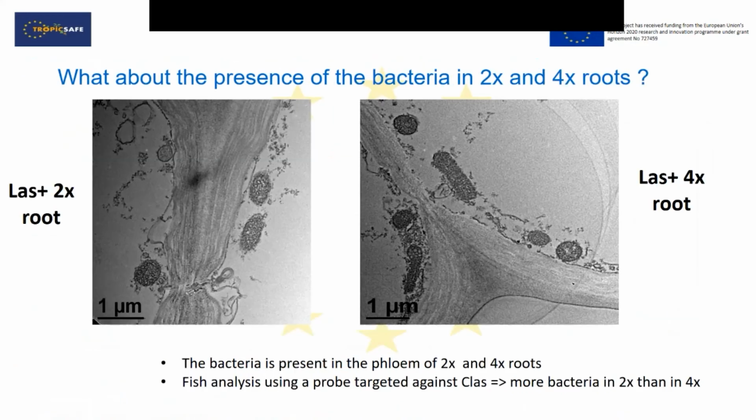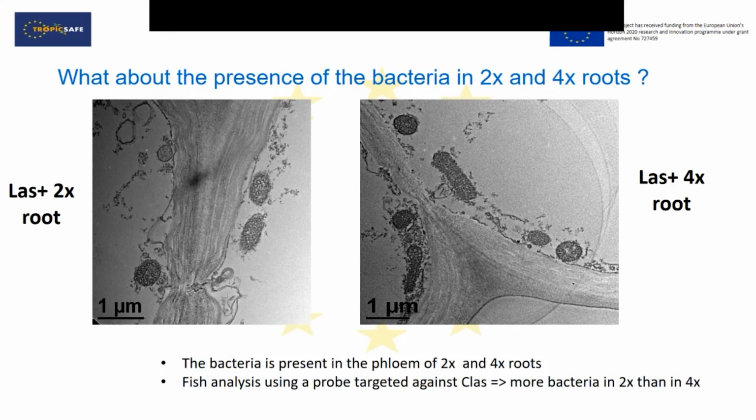So we thought, okay, tetraploids seem to be very promising for that. But what happened in the roots regarding the bacteria? Is the bacteria present or not, in higher or in lower quantity? So using electron microscopy, we saw that the bacterium was present close to the cell wall and the membranes, but it was not possible to have any idea about the quantification.